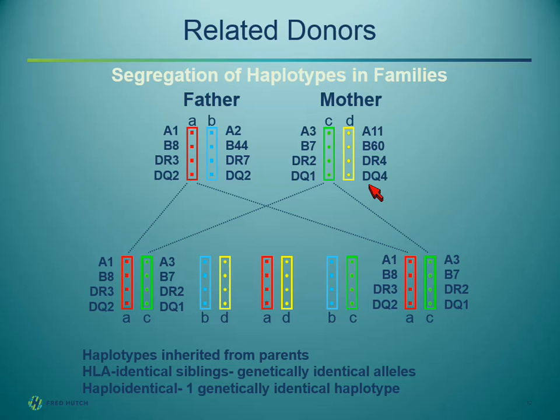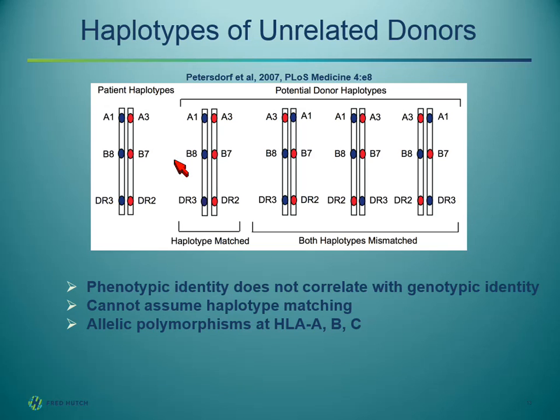And again, common things being common, with very common haplotypes like the A1 B8 DR3 I'm showing here, they're almost always going to come together. That's the most common Caucasian haplotype there is, and they tend to travel together. But without a family study, you can't prove that.